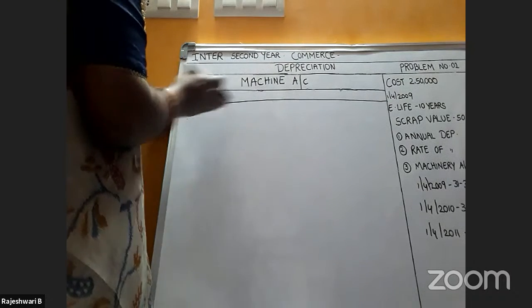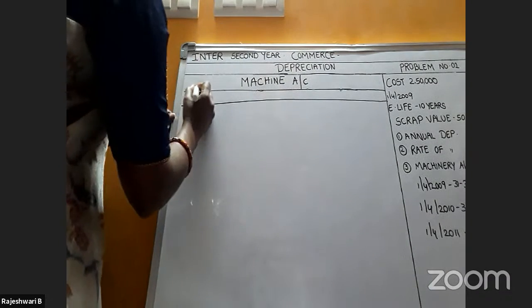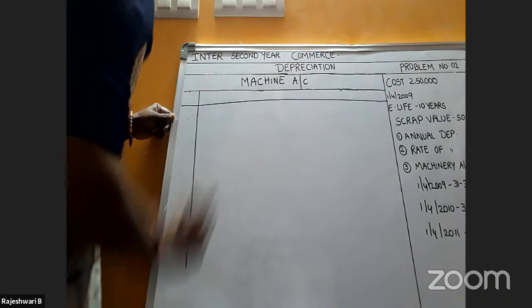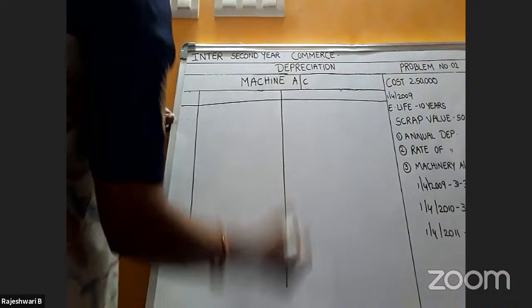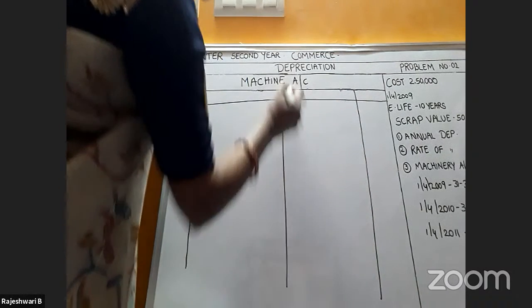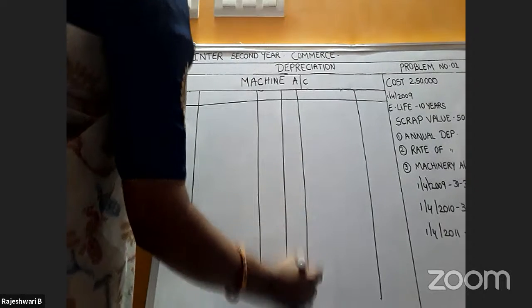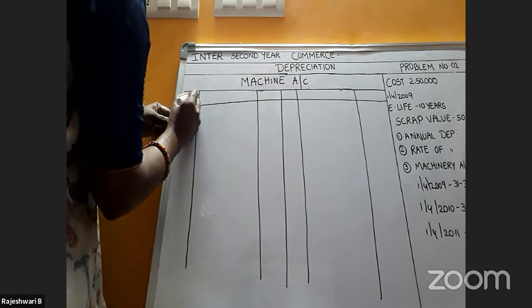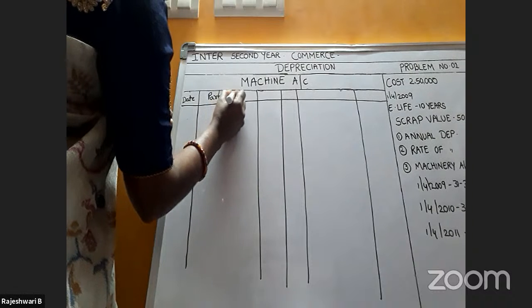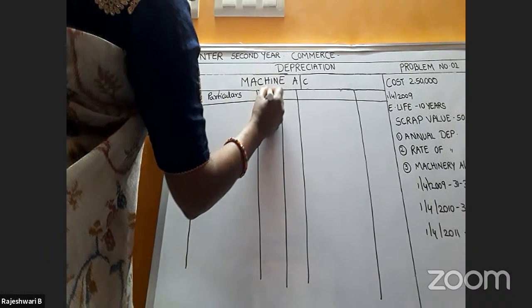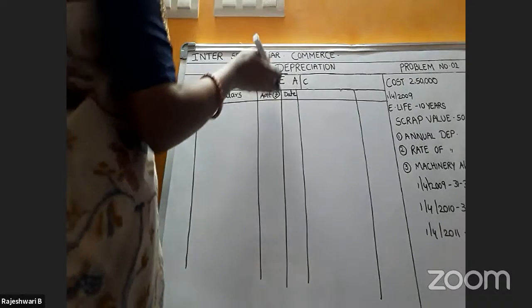Here we have date column and particulars, amount, date, particulars, amount, like that. We will make this two sides.